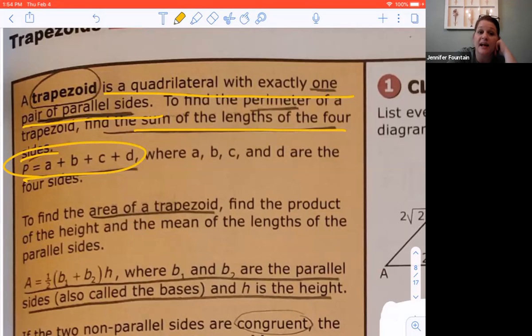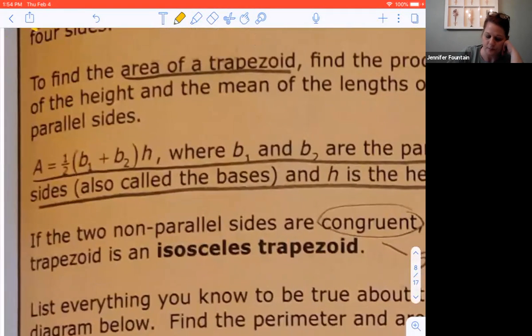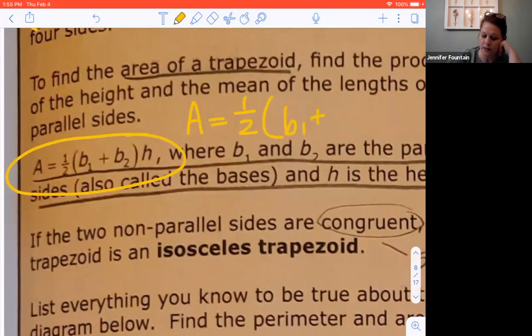And then it says to find the area of a trapezoid, find the product of the height and the mean of the lengths of the parallel sides. Well, that's a whole lot more confusing than it's going to be when we look at what the formula is. Okay, so the formula for the area of a trapezoid is going to be A is equal to 1/2 times base 1 plus base 2 times the height.